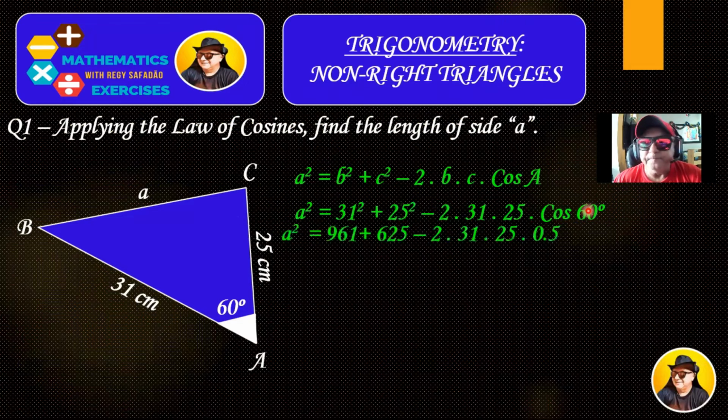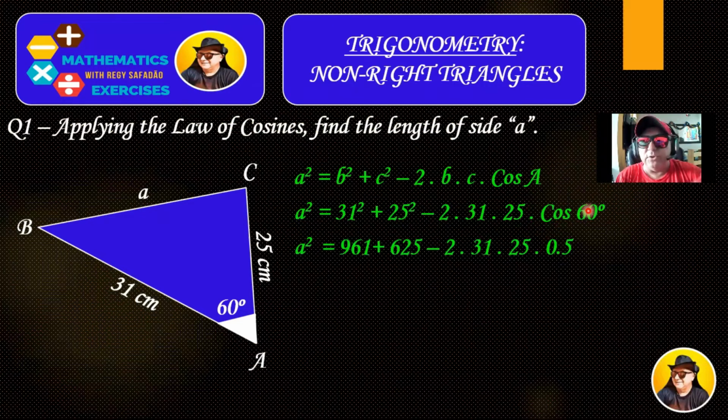Well, doing the substitutions, I mean, 31 squared is 31 times 31, it is 961. 25 squared is 25 times 25, that is 625. Well, 2 times 31 times 25, and what's the cosine of 60 degrees? 0.5, okay?